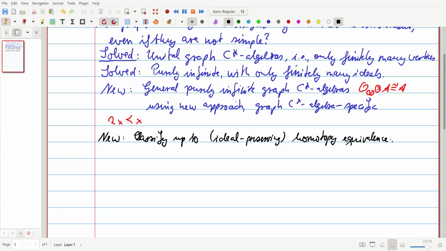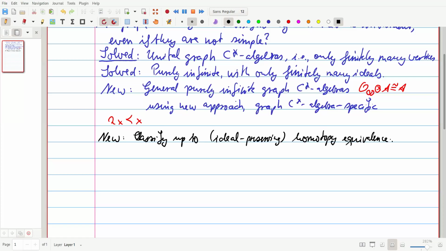So this homotopy equivalence result is kind of elementary. There are some results which are actually deep that you need to know, but if you know the non-stable K-theory of graph C-star algebras well, then that's all you really need to understand how to get to this ideal preserving homotopy equivalence, at least in the purely infinite case, which is the one where we can go further.